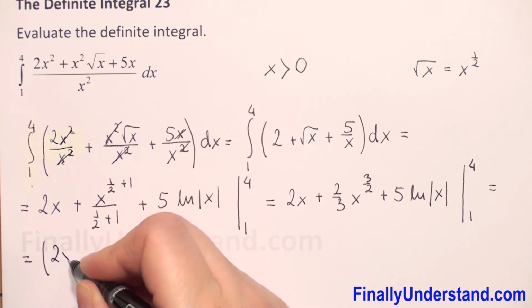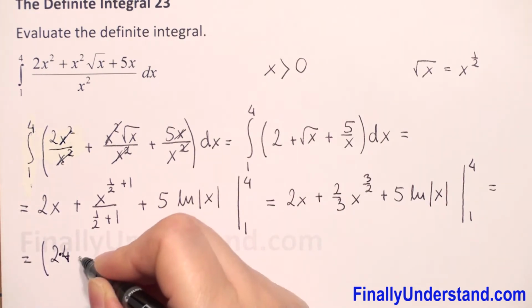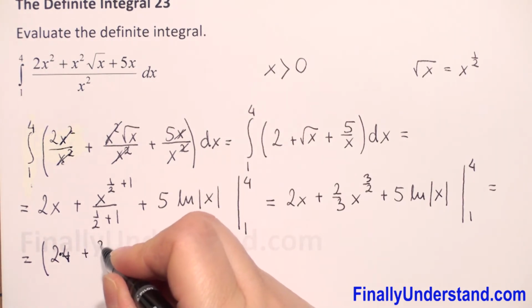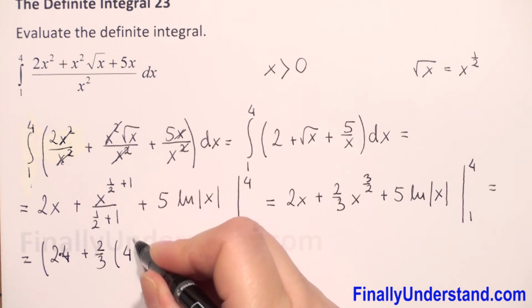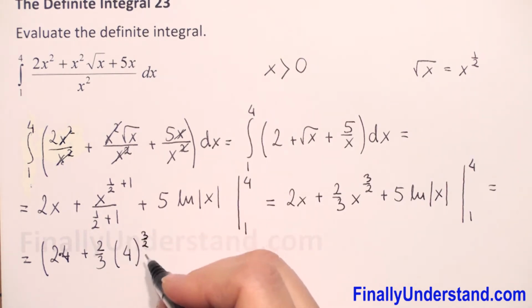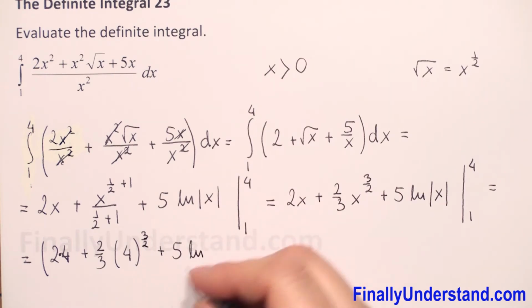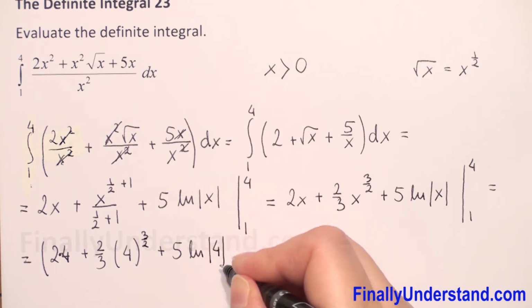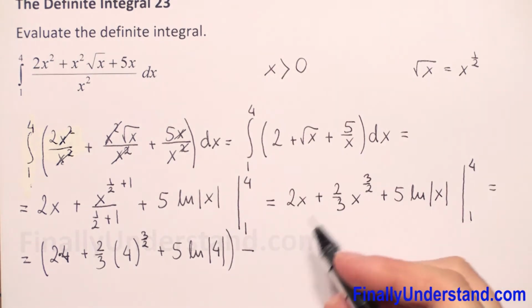It will be 2 times 4 plus 2 over 3 times 4 to power 3 over 2 plus 5 natural logarithm of absolute value of 4, minus, we have to subtract the lower limit, which is 1, so we have to replace x's now by 1.